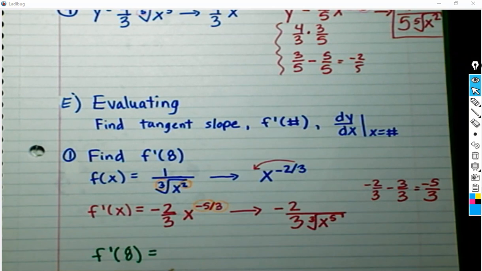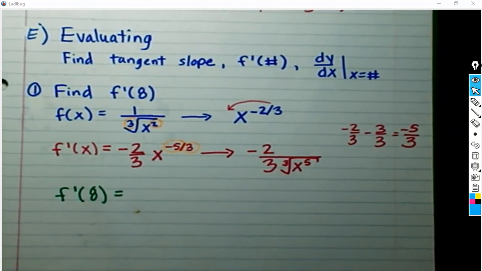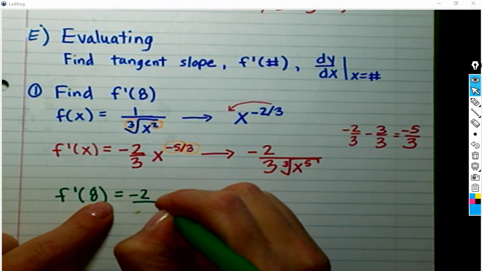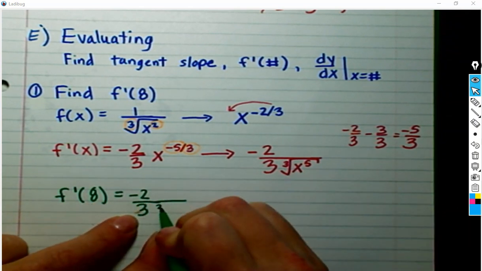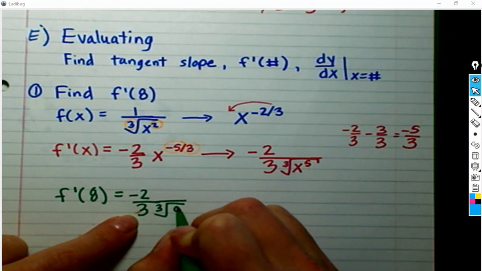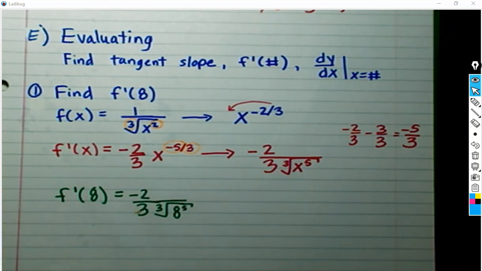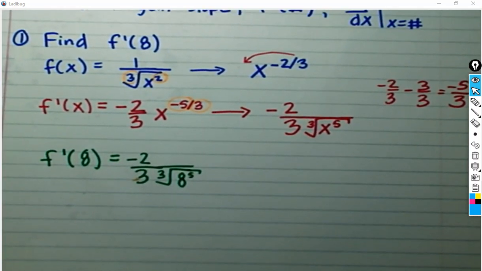f prime of 8. Now you plug in. Okay, now we plug in. So negative 2 over 3, okay, cube root of 8 to the 5th. Sorry, that's a little small. I don't really want to do 8 to the 5th.